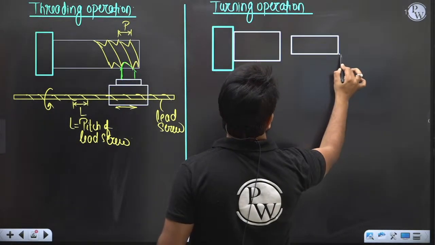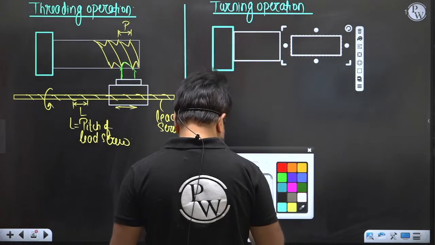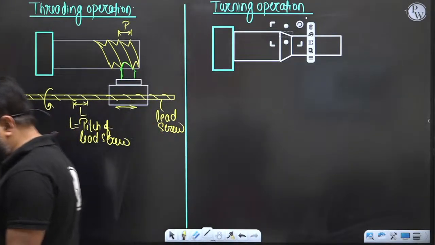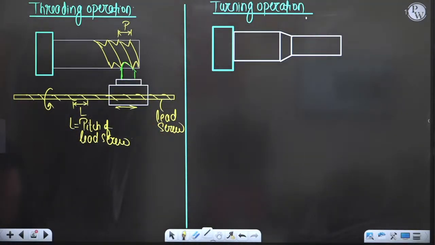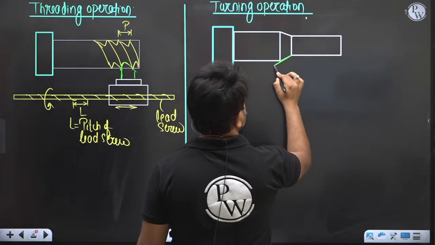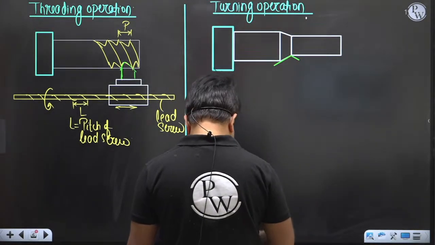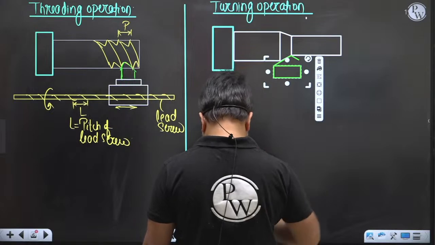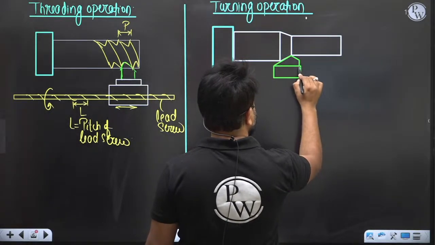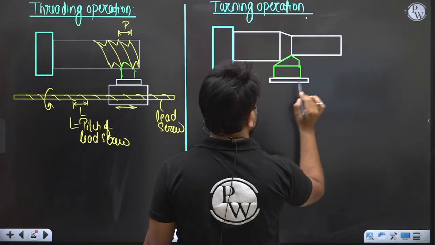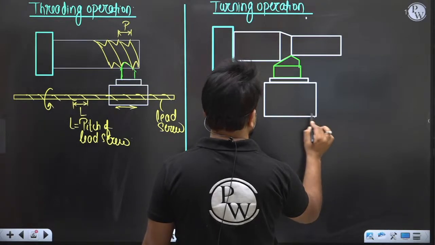If I just want to do a turning operation, this is the tool, mounted on the tool post. This is your carriage, right?